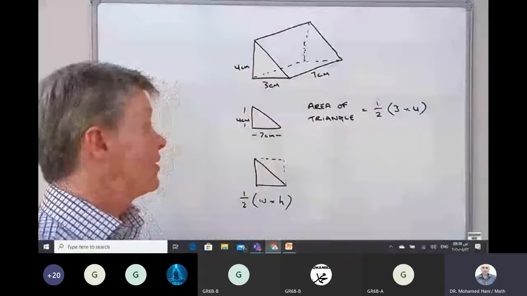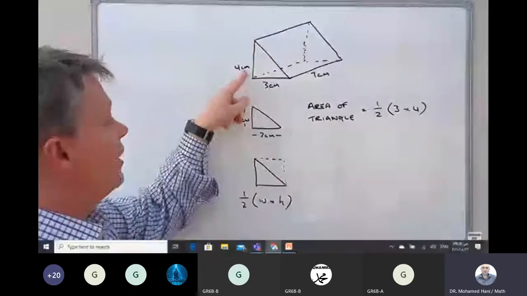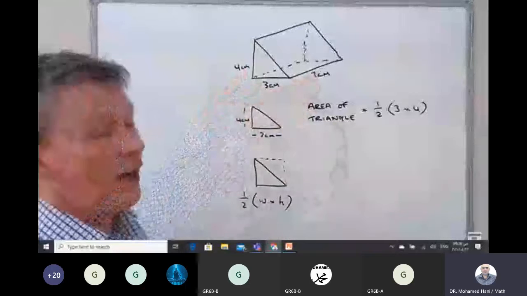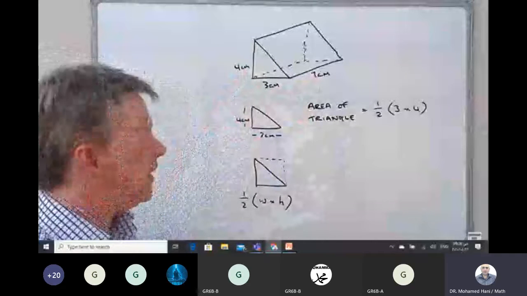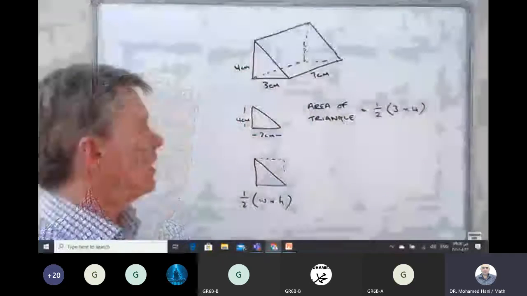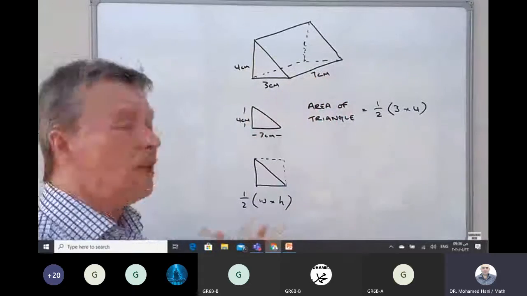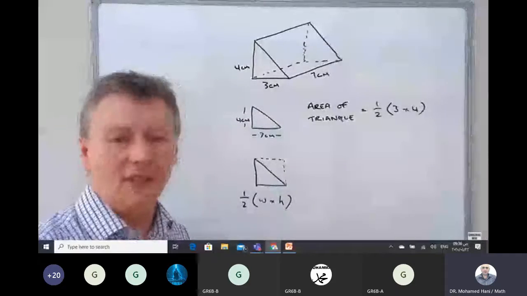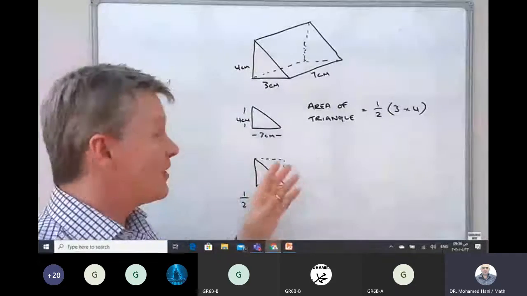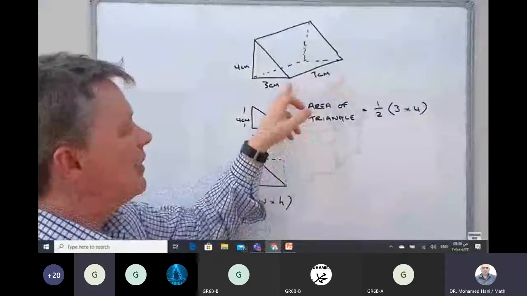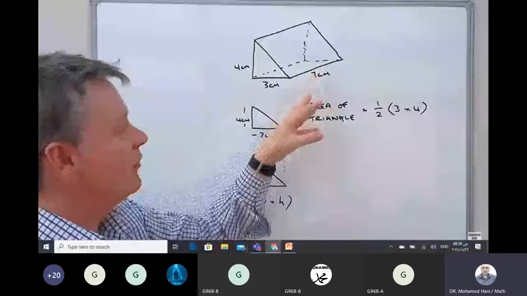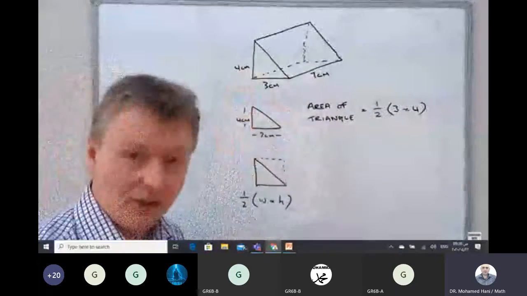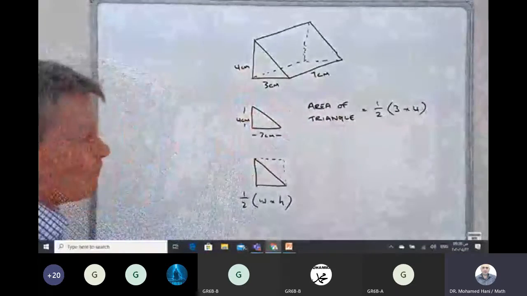Just a couple of things, while I think about it: you need to make sure these are all the same units. Occasionally on these questions you might get something like 70 millimeters or 0.7 of a meter, or something like that, so 0.07 of a meter. So sometimes you need to convert, make sure you convert them through to exactly the same unit.